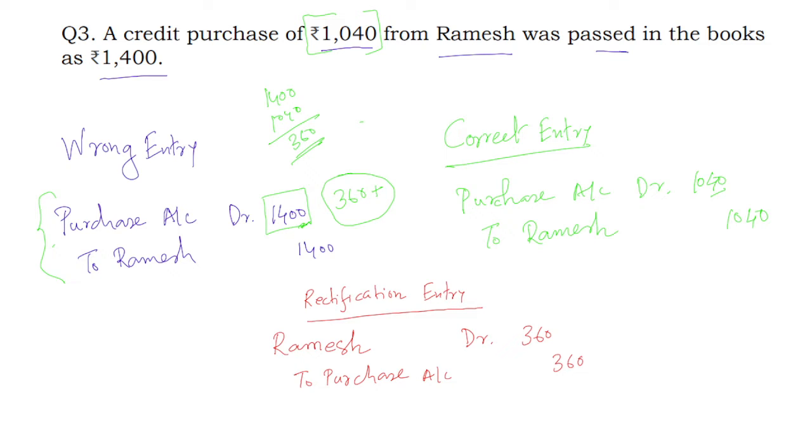So we just simply pass the journal entry like this, and pass the narration.